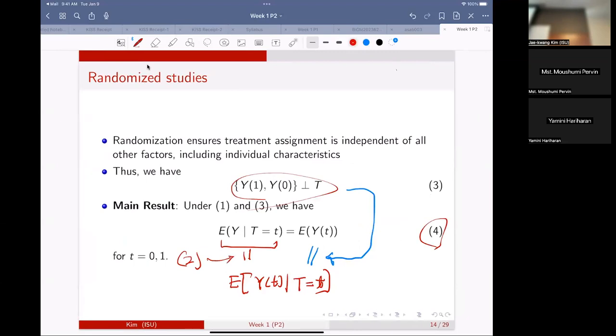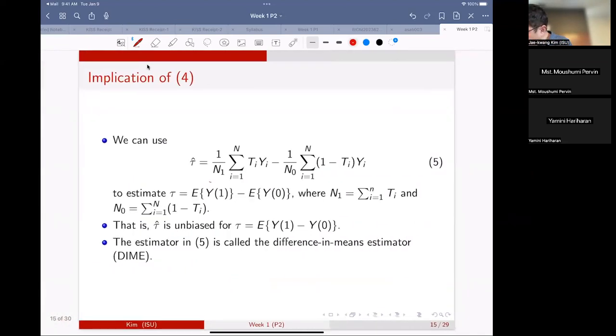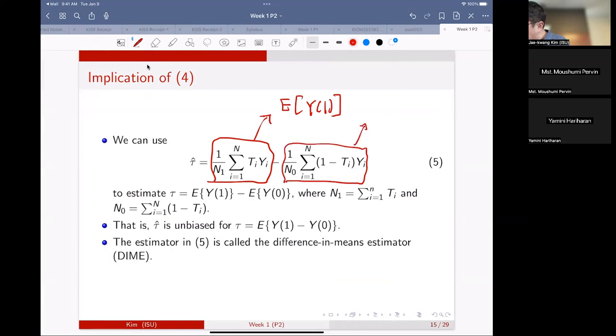You should use the conditional expectation of observed y given t equal 1. The sample version of this estimates y1. In the same way, the other one will estimate y0.